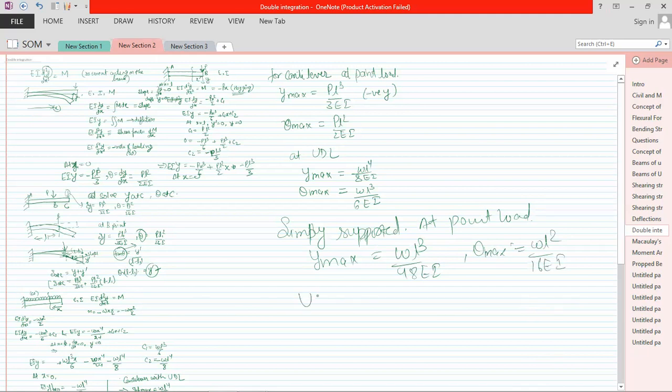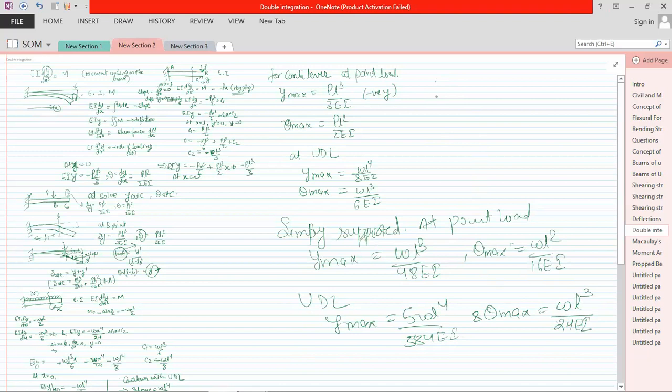And for UDL, y maximum is equal to 5 WL to the power 4 by 384 EI and theta maximum is equal to WL cube by 24 EI.